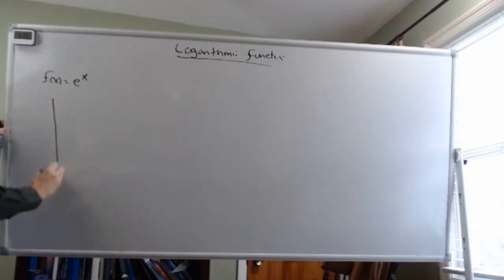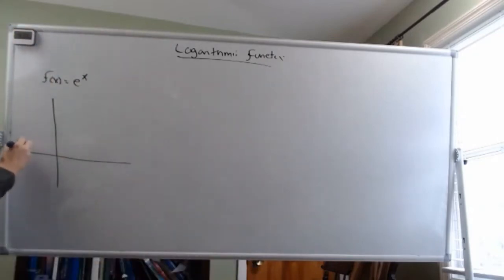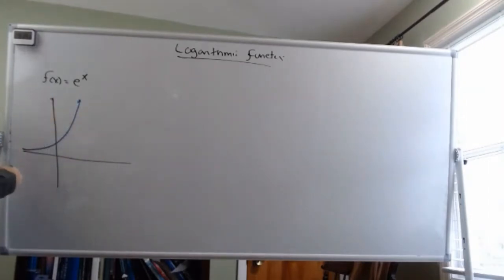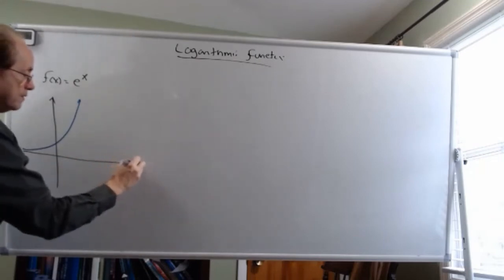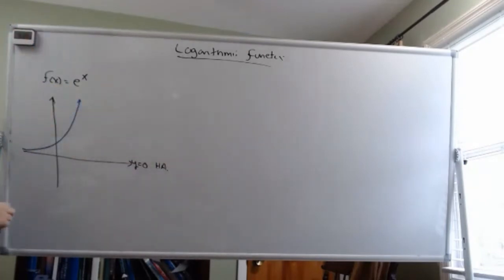And here's a graph of that function. The line y equal to 0 is my horizontal asymptote for that function, because as I go to negative infinity, it gets closer to 0 for the end behavior. Here it goes to plus infinity.